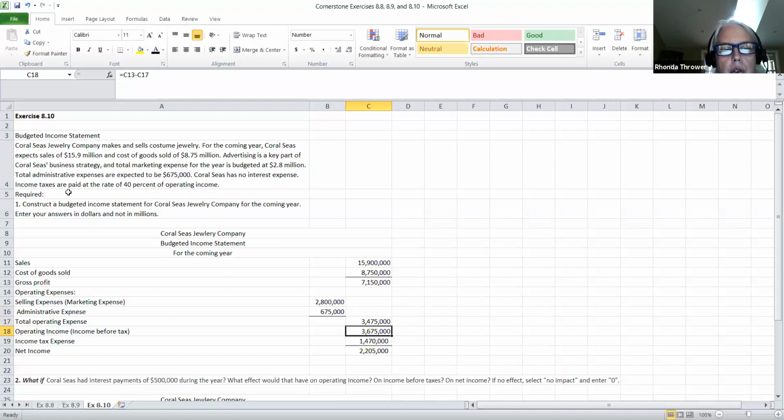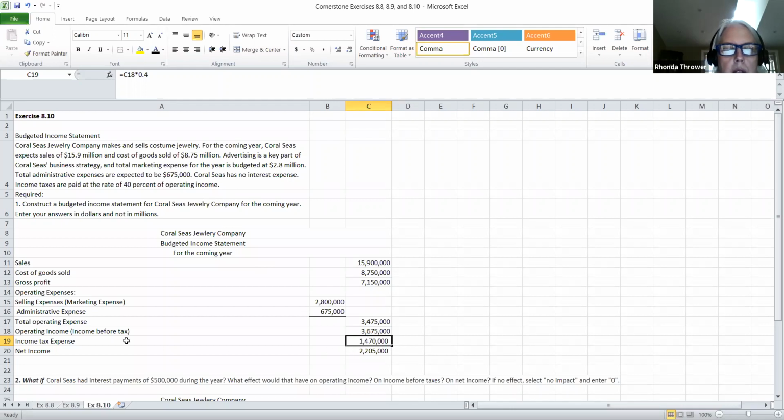Then they told you that the income taxes are paid at the rate of 40% of your income before income tax, or in this case, it was operating income. So I simply multiplied 3,675,000 by 40% to get the income tax expense for this company.